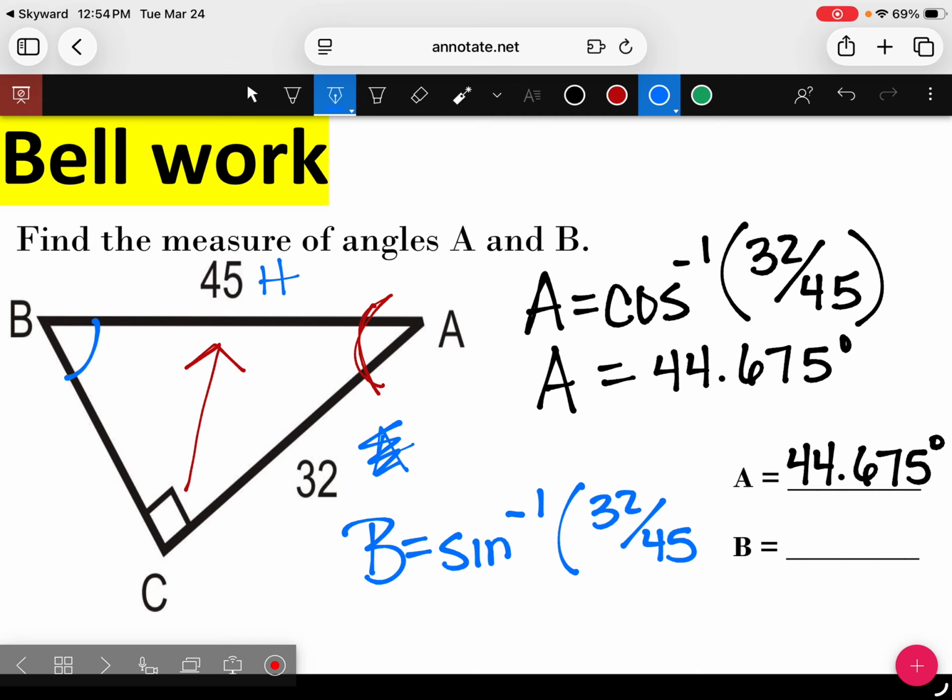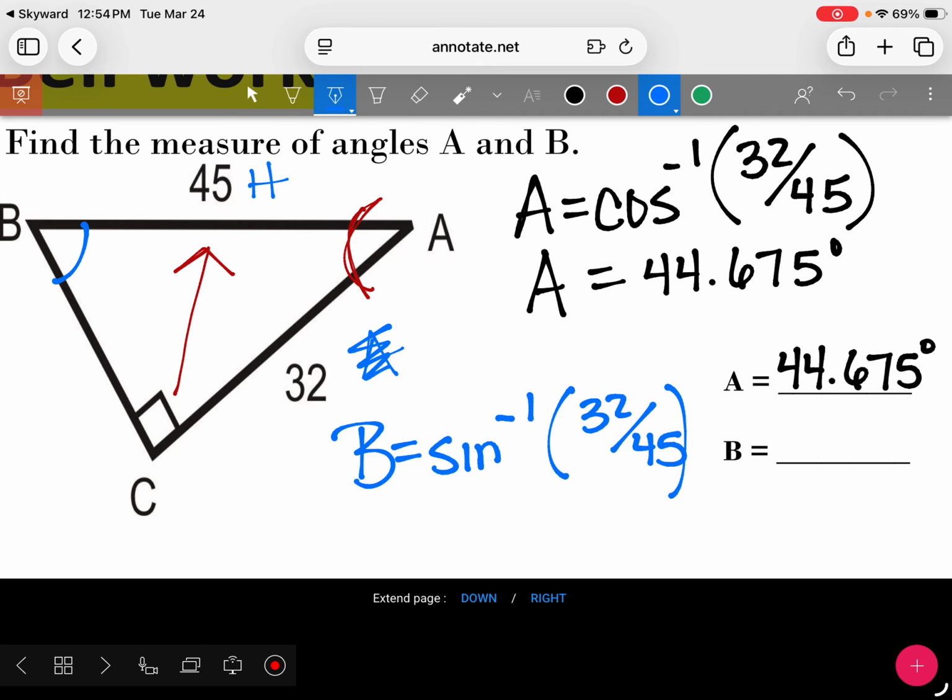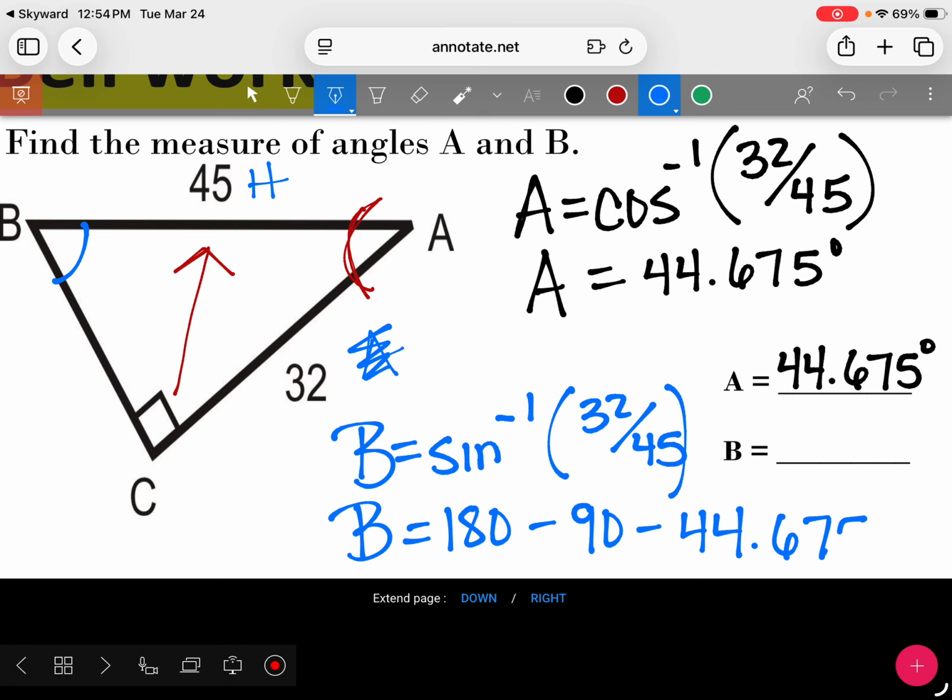Or the easier way is just to do triangle sum. B is going to equal 180 minus the 90 minus 44.675, and when you do that, you should get 45.325.